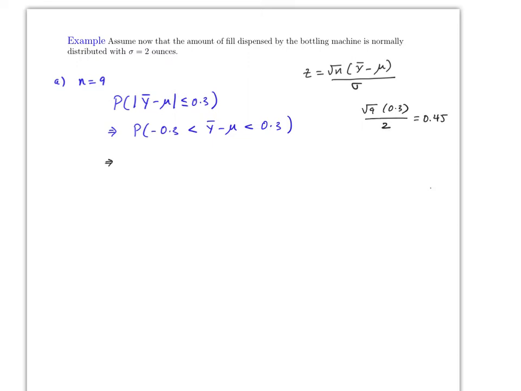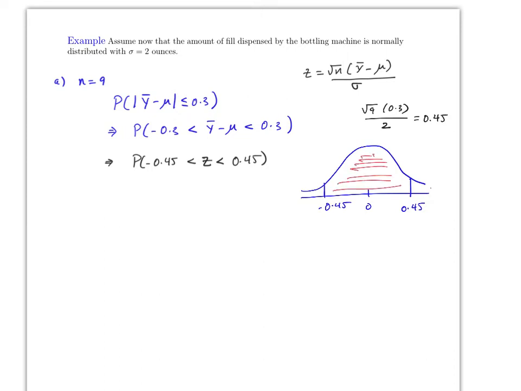So what we're trying to find is the probability that minus 0.45 is less than z less than 0.45. If you draw a table, you have 0.45 here and minus 0.45 here. So this is what you want.